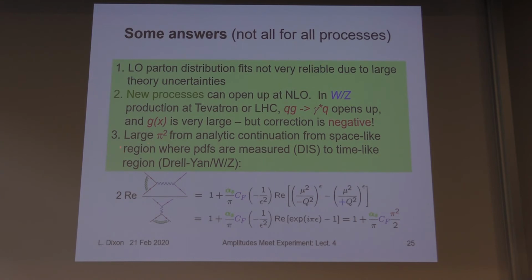But then there's a divergence, this 1 over epsilon squared, which means that you not only get the i pi at order 1 over epsilon, but you get a pi squared at order epsilon to the 0. If you look at the difference between these two contributions, they really just differ by e to the i pi epsilon. You expand that out, and the epsilon squared term hits this one, and you get a pi squared over 2.